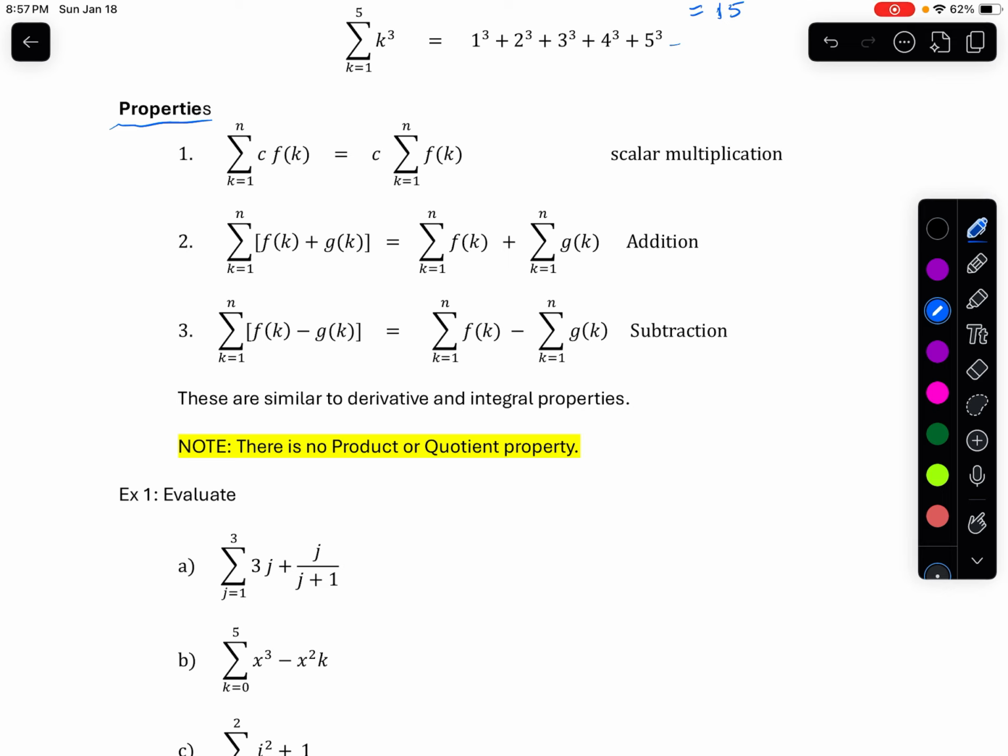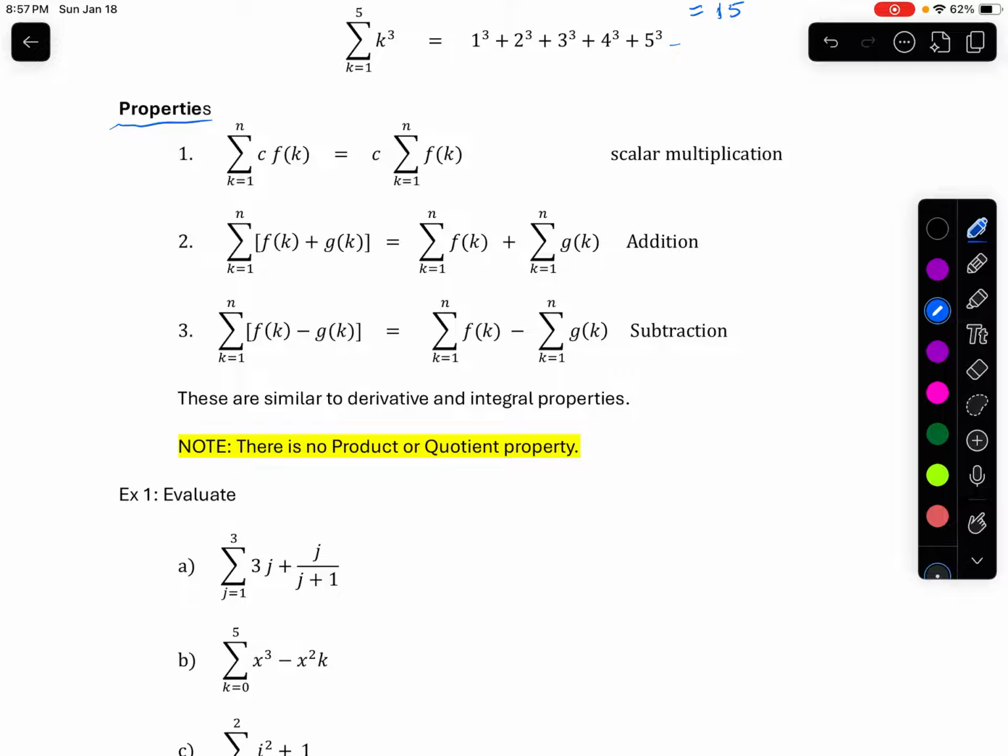So we say let c be a non-zero constant. Then if we have this situation, we can pull the c out of the sigma notation. Now remember, anything which doesn't have to do anything with the index can be pulled out.